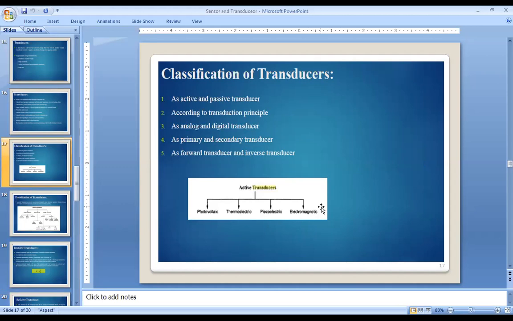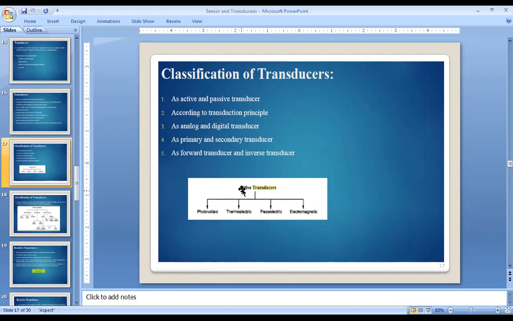You know, photovoltaic cells, when used in a solar plate, directly convert solar energy into electrical energy. Again, the thermoelectric transducer directly converts a change in temperature into an equivalent electrical voltage. And the piezoelectric transducer directly converts pressure into an equivalent electrical signal.